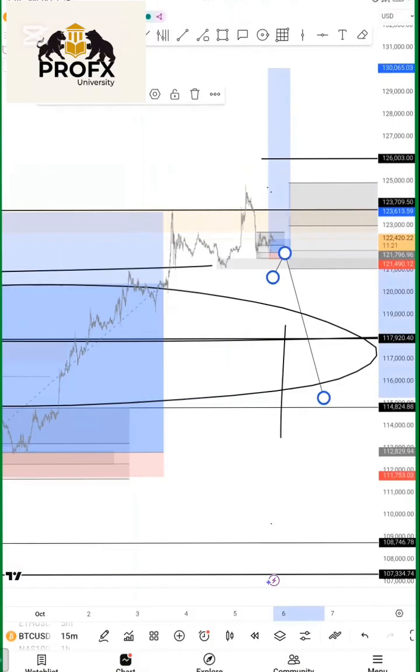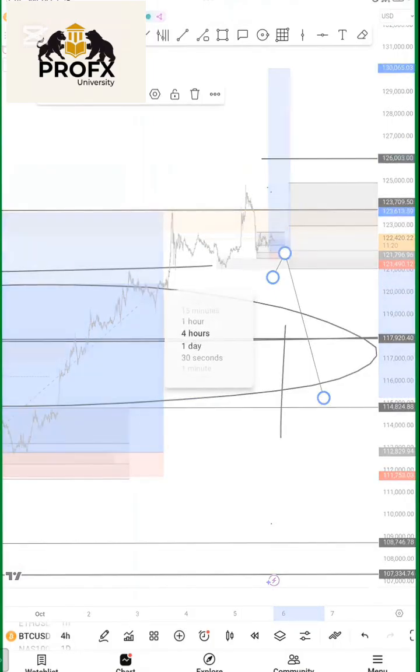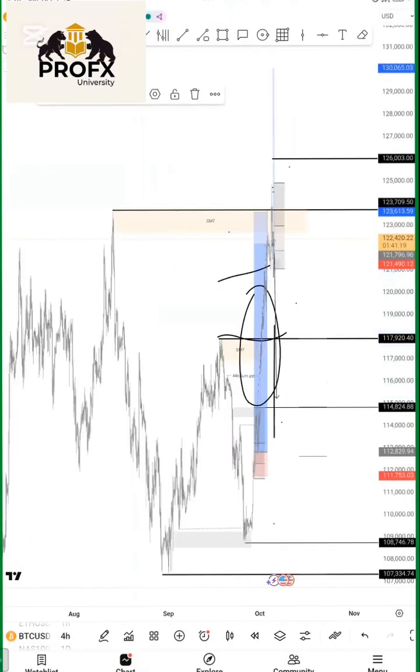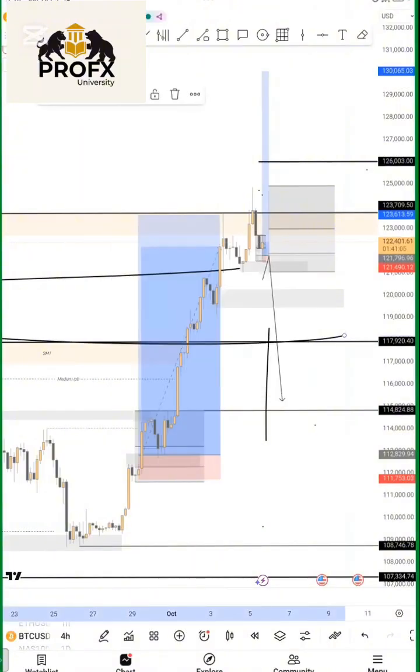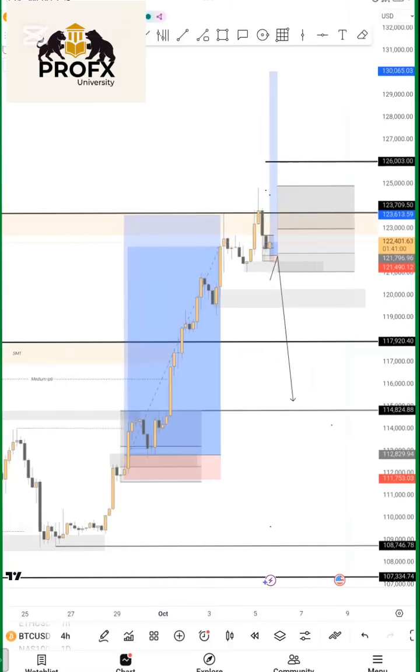Okay, but when looking at this, let's go to 4 hours. And we see that a possible zone is where, according to our supply and demand strategy, this is a possible zone. Let's clean up. You see that this is a possible zone because this candle caused a lot of harm. Opposing zone, momentum line.